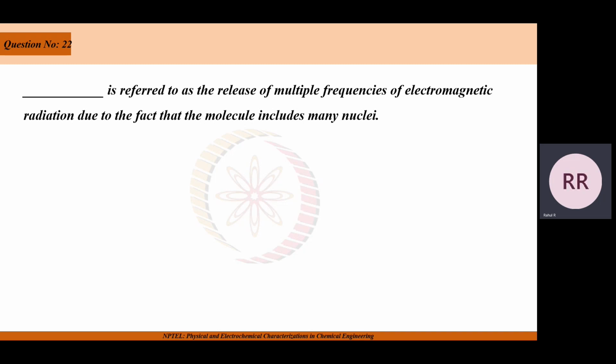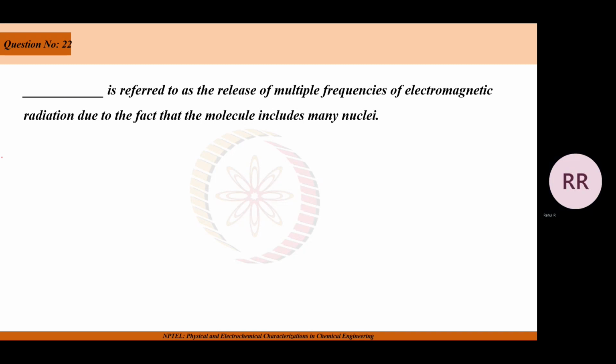That is mainly due to the presence of this n number of nuclei. So what does this process refer to as? This is a very typical question that comes when we are discussing NMR spectroscopy. I can read you the question once again: dash is referred to as the release of multiple frequencies of electromagnetic radiations due to the fact that the molecule includes many nuclei.